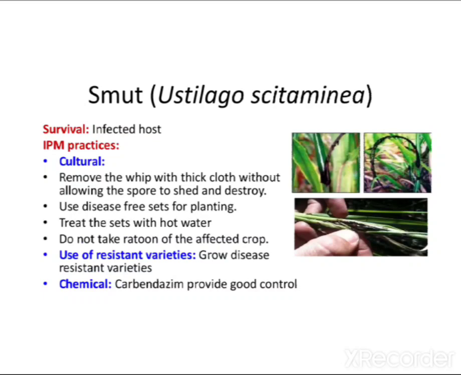So management practices include cultural methods, use of resistant varieties and chemical methods. First, we see the cultural method. They include removing the whip with a thick cloth without allowing the spores to set, and destroying it. So once we take out the whip, it should be covered with a cloth, so that the smut spores do not spread or fall on other healthy plants.